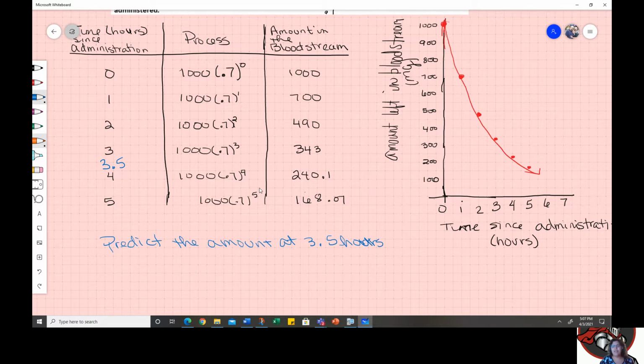Another way we could look at it is go to 3.5 on the graph, and if we go up, we're about right here. On the graph, that puts us at about 260, 270-ish, somewhere around there.